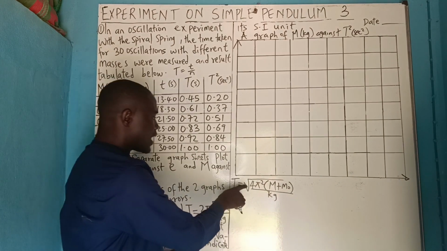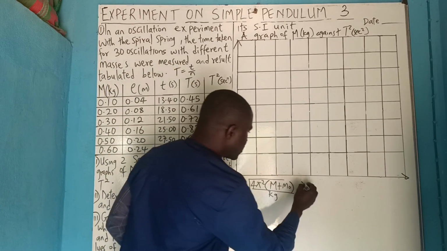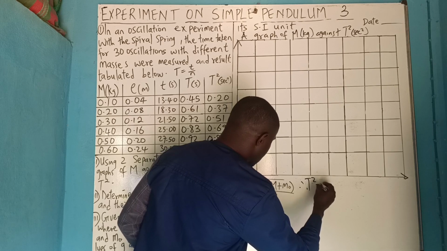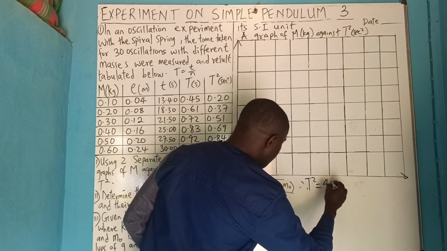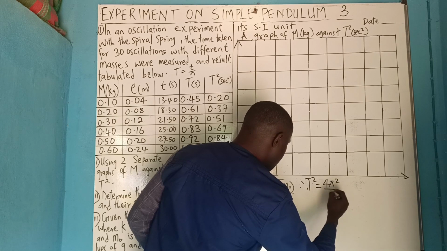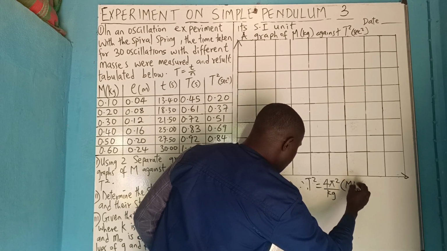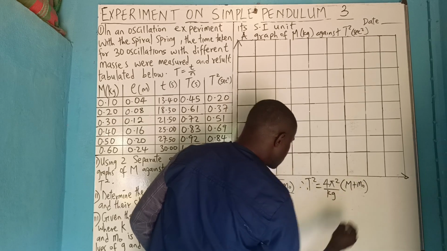Now remove this square root by squaring the other side. You have that T squared is equal to 4 pi squared over kg, bracket m plus m naught.